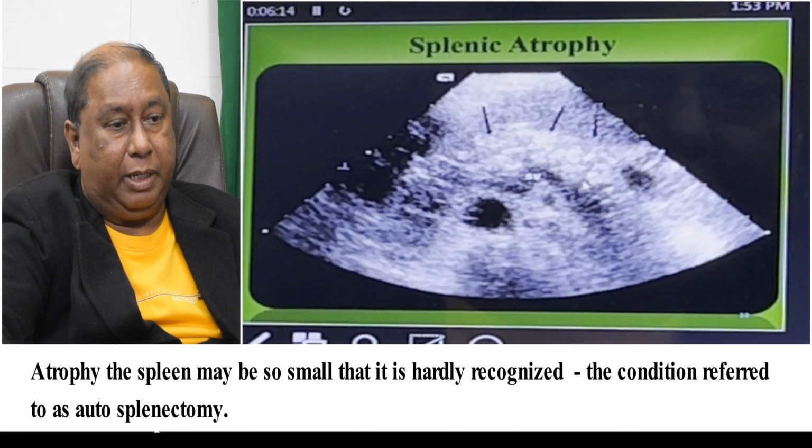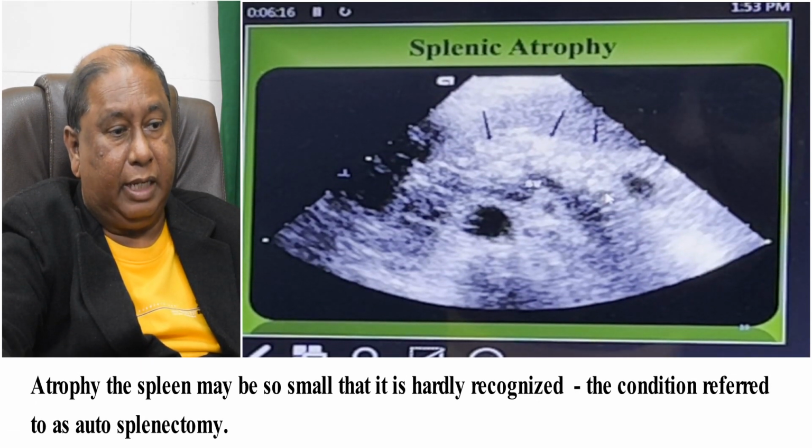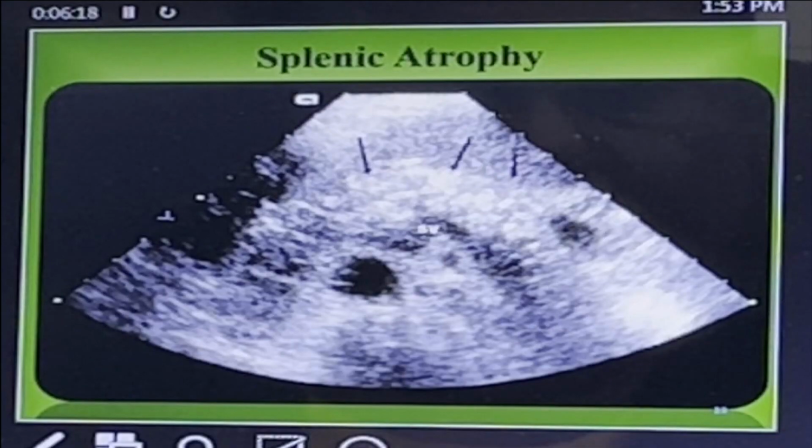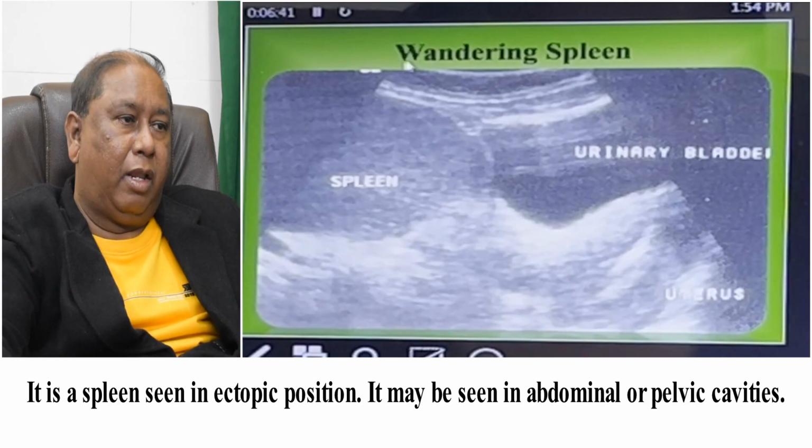The spleen may be so small that it is hardly recognized. It will be difficult to recognize it. See in this picture, it is very difficult to recognize that it is a spleen. This condition is referred to as autosplenectomy.